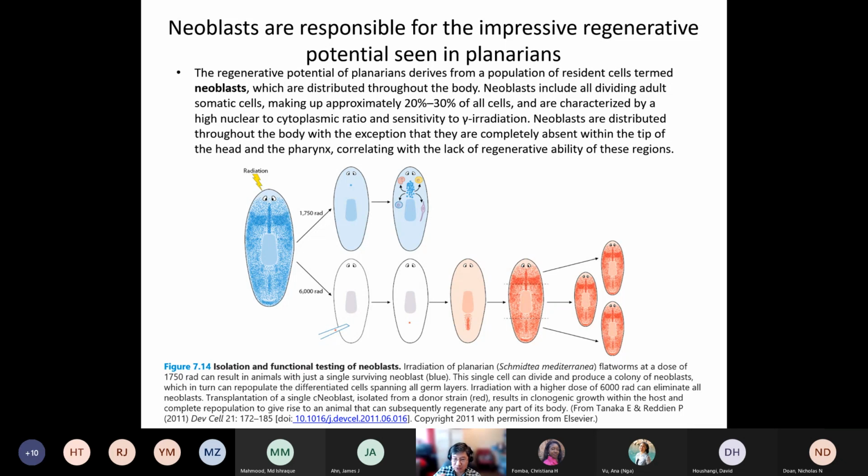It has the neurons, eyes, muscles. Basically, this is the creature closest to humans that has total power of regeneration. That's why this has drawn a lot of attention, and it has become a very useful model system for studying regeneration.